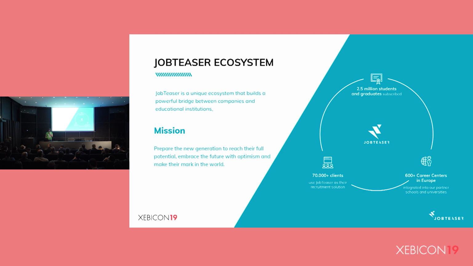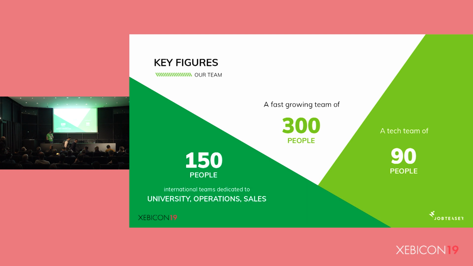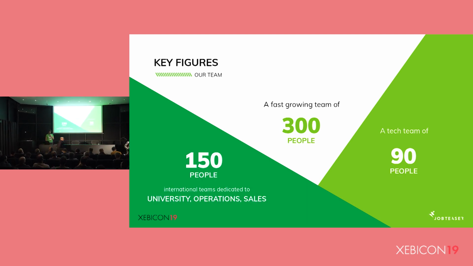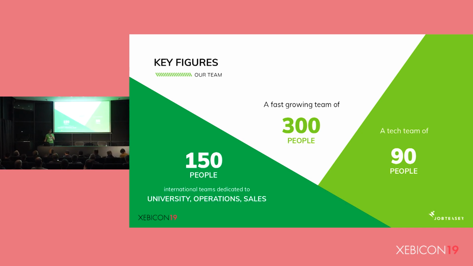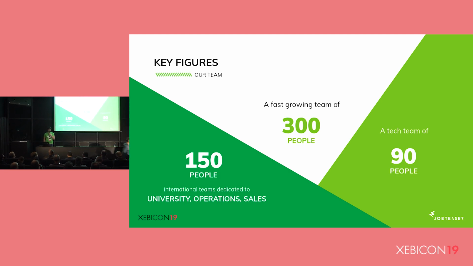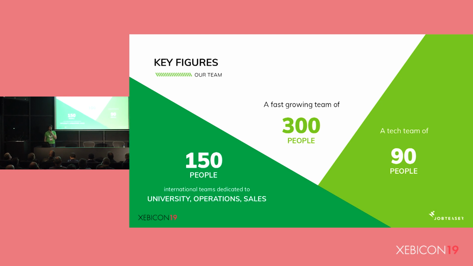We have more than 2.5 million students, 70,000 companies, and we work with more than 700 universities in Europe. We are a team of 300 people. The tech team is 90 people, and more than 150 people scattered across Europe for sales and university. And the infrastructure team, including myself, is 3 people.